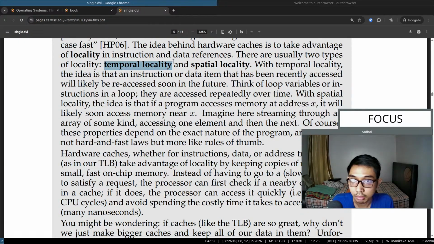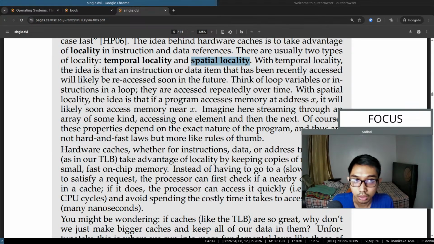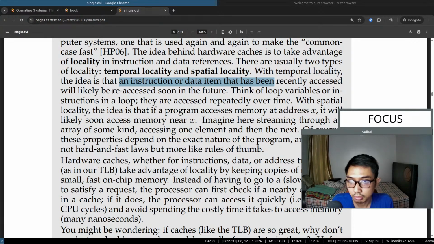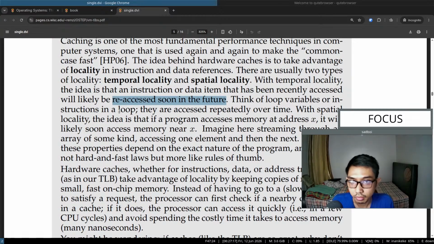And then also there's temporal locality and spatial locality. Temporal locality is basically an instruction or data item that has been recently accessed.